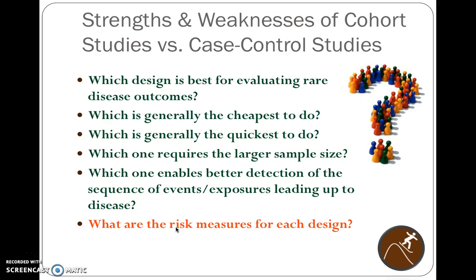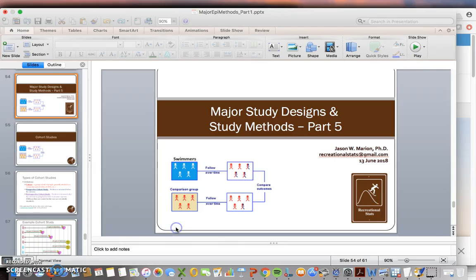And we can also get odds ratios for cohort studies. But cohort studies will also permit us to do risk ratios, and cohort studies will allow us to also do rate ratios. So case control and cross-sectional studies, usually we're doing odds ratios and prevalence odds ratios for those. Cohort study, we can do odds ratio, risk ratio, rate ratio.